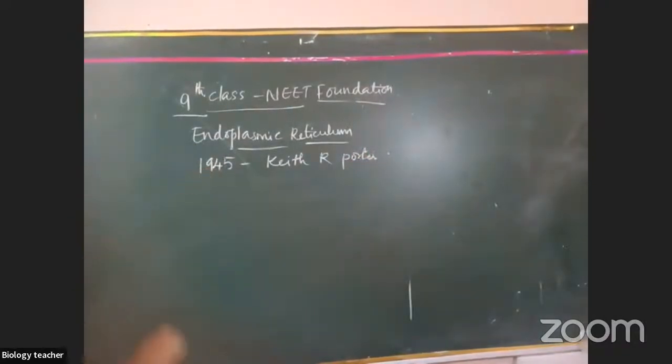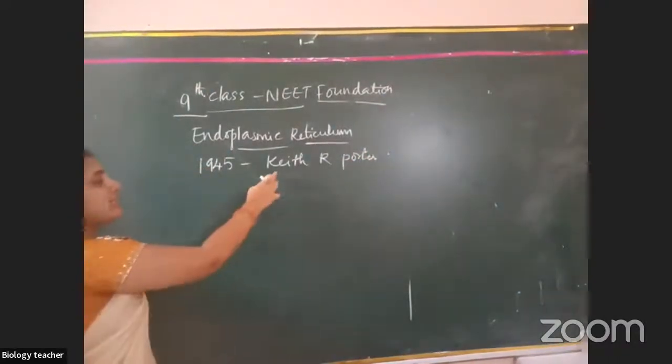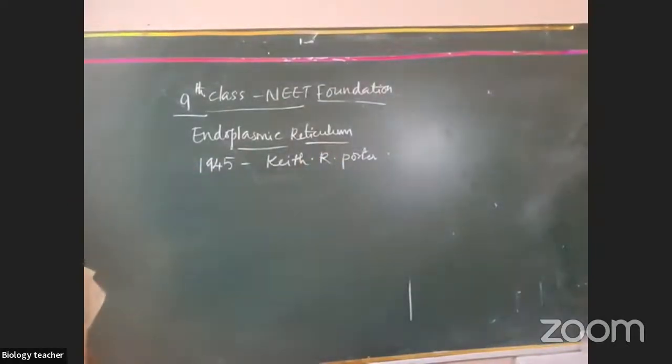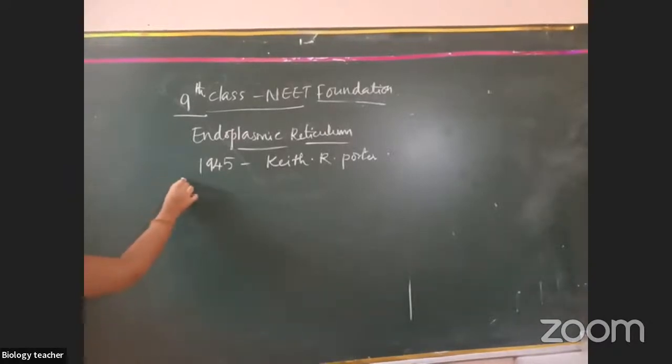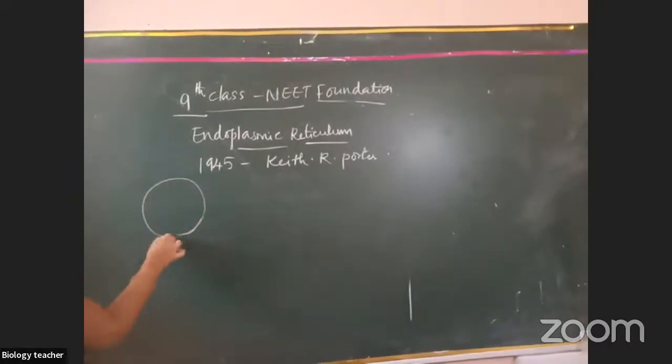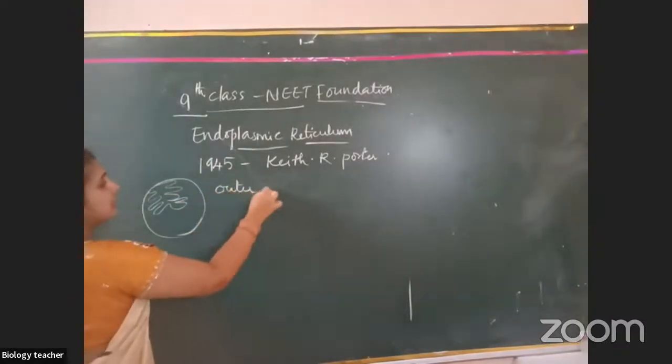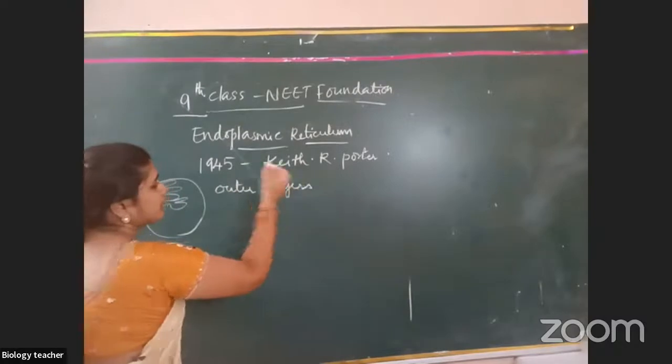In the year 1945, the scientist named Keith R. Potter observed that extensions are coming towards the nuclear envelope. These are outer layers from the cell membrane.